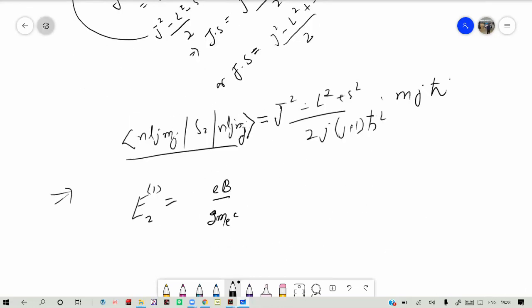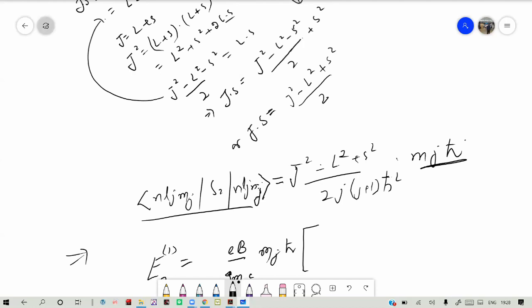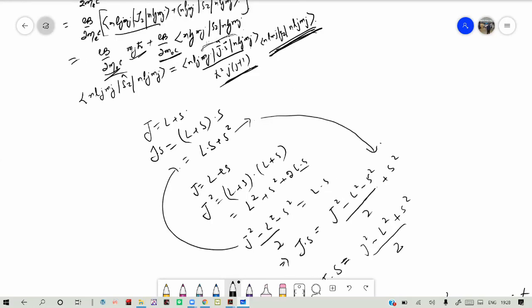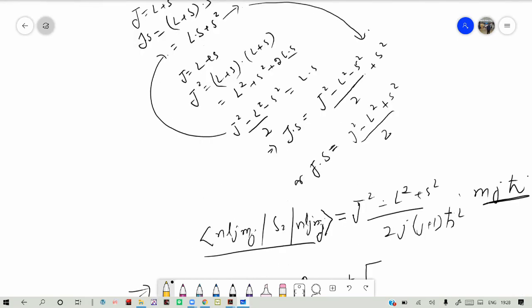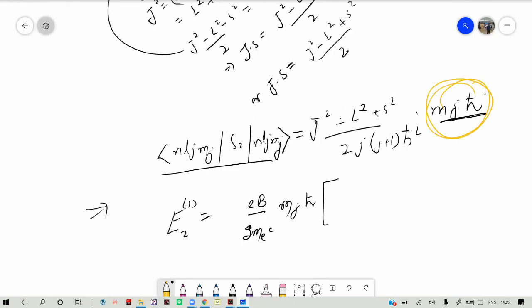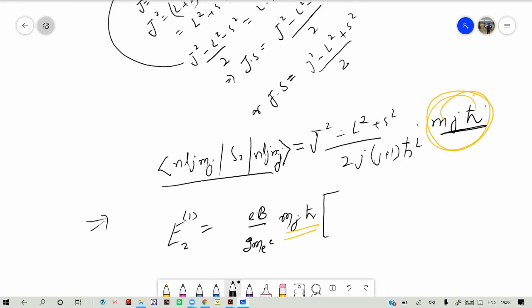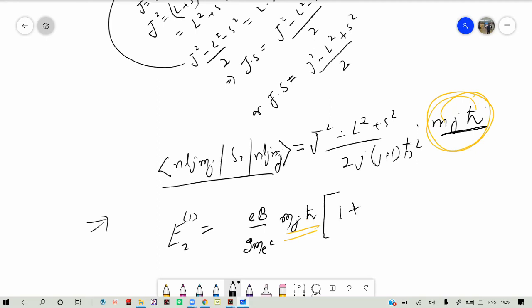I will take m_j h cut common, here m_j h cut and here m_j h cut. So I can write then it is 1 plus (J squared minus L squared plus S squared) divided by 2J into (J plus 1) h cut squared. Because m_j h cut I have taken it common.